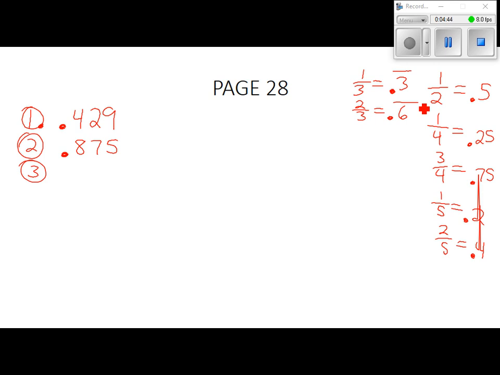Anytime you have 9 in the denominator, so if I have something like 1/9, all that's going to happen is that top number is just going to repeat. So it's going to be 0.1, 1. Guess what 2/9 is? 0.2222, and so on. Those are all things that you should know.